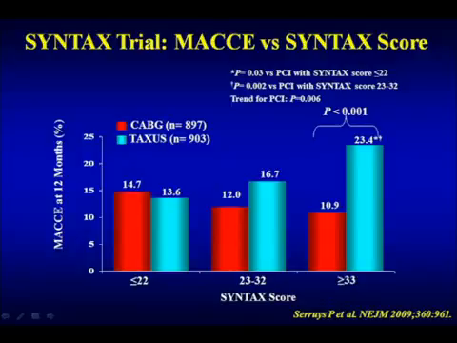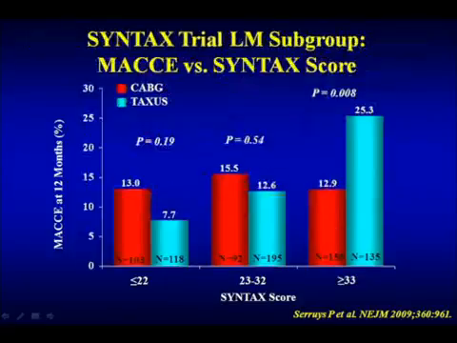You can see the PCI MACCE continued to increase, while for CABG the MACCE continued to decrease with advanced SYNTAX score. A very important observation: the more complex the angiographic lesion is, the better CABG is, while the DES, because of the multiple stents, cause more adverse events. And of course, the same is true even for the left main group if you apply the same SYNTAX score.